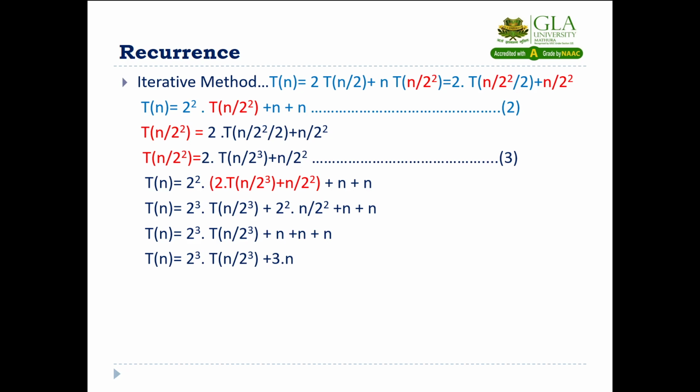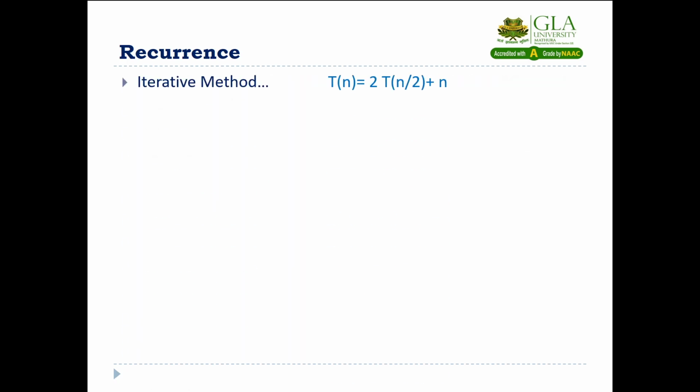So we can convert this into iteration and we can consider the ith iteration will be in this term. So this is the 2 to power I Tn by 2 to power I plus I dot n. We are replacing all the 3 by I. Now we have to do, we always know that we will divide, we will have this Tn by 2 to power I up to 1.